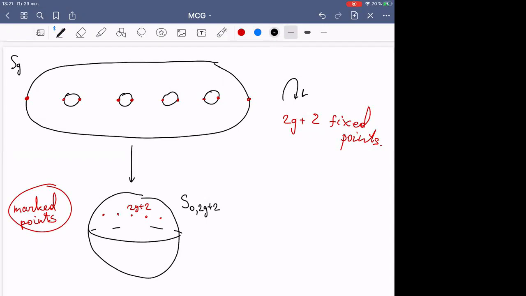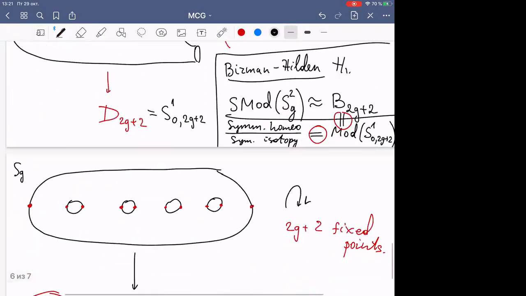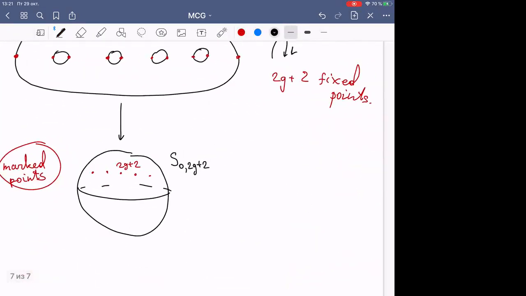Well, there are two things which are different in this situation. First of all, here we have the mapping class group of the sphere with 2g plus 2 marked points or 2g plus 2 punctures, but this is not a disk with punctures.